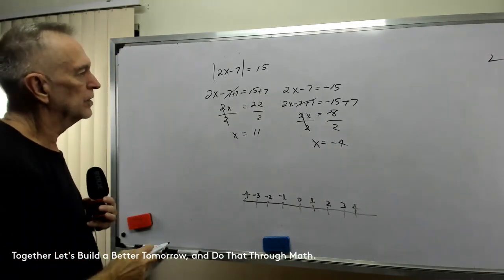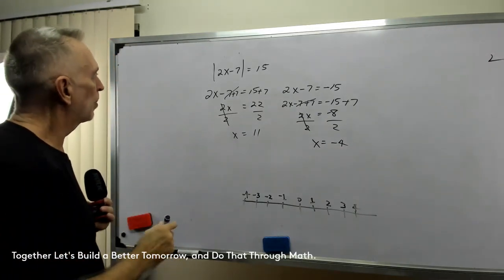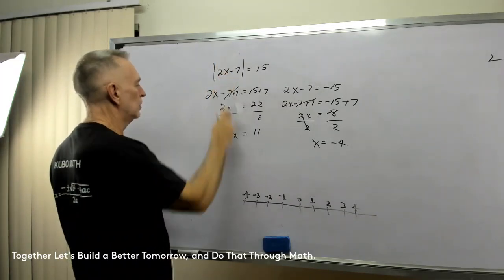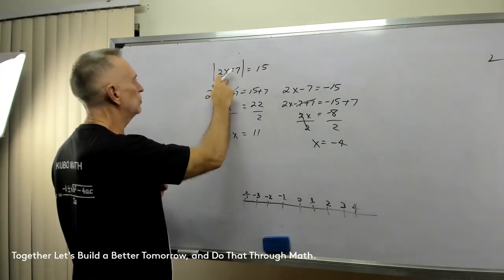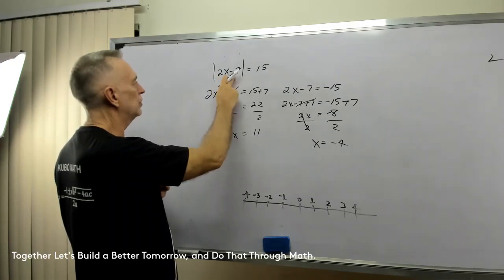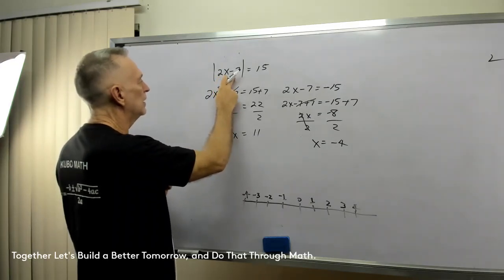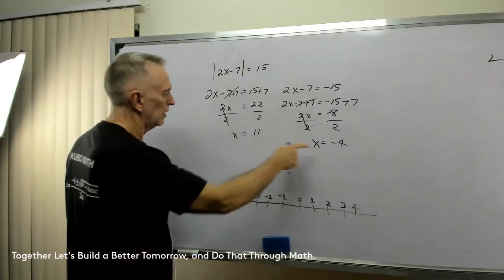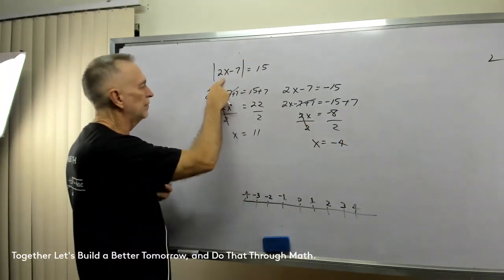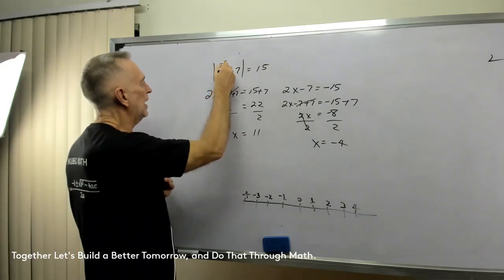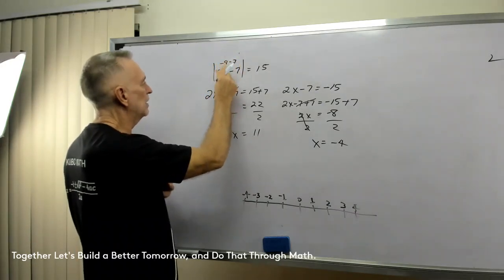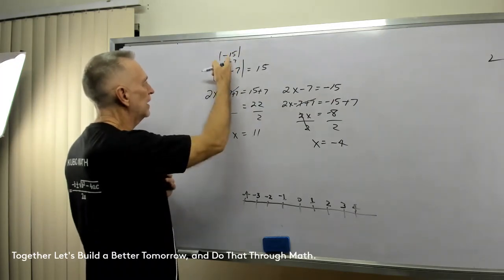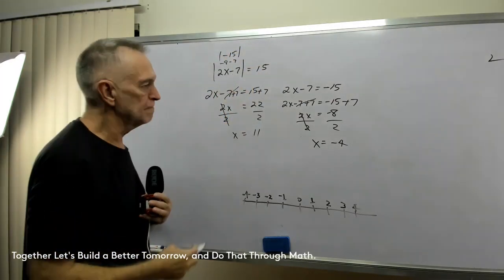All right, let's see if I plug those back in. 2 times 11 is 22. 22 minus 7 is 15. Absolute value of 15 is 15. Negative 4. 2 times negative 4 is a negative 8. So negative 8 minus 7 is a negative 15. The absolute value of negative 15 is 15.